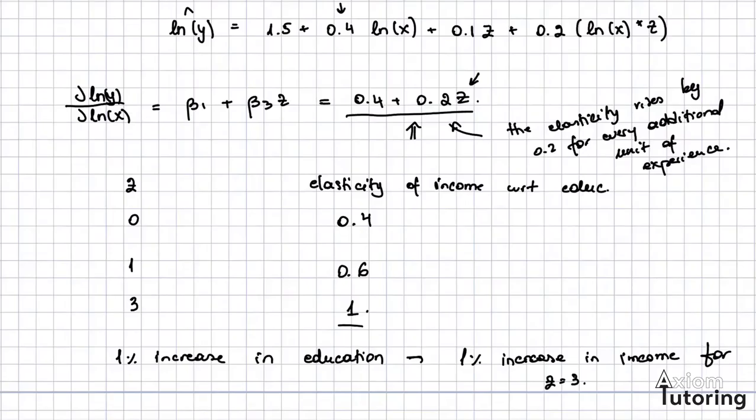Now, beta 3 being equal to 0.2 is telling us that each additional unit of experience increases the elasticity of income with respect to education by that 0.2. So beta 3 by itself is not the elasticity, so the 0.2 is not the actual elasticity, but it's the rate at which the elasticity changes with z.